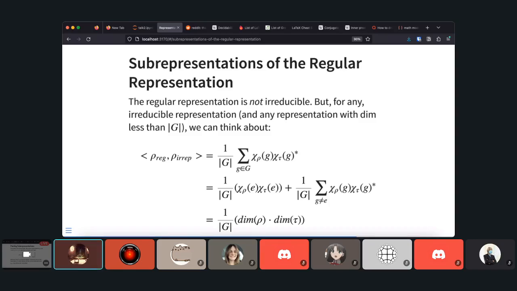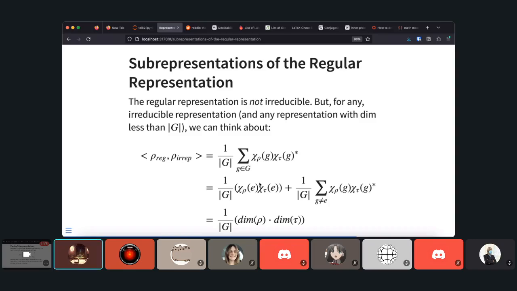then if I am doing this inner product, that first line is just the definition of the inner product, the character of rho times, and that's supposed to be rho reg and rho rep and not tau, but you just multiply the characters and sum it up.